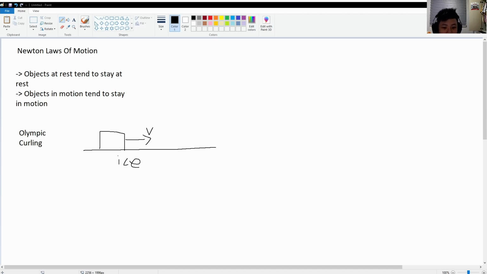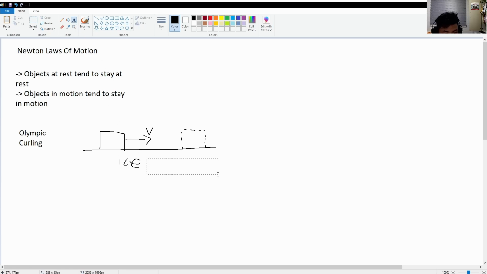And I think about this object at a later time when it's over here. How fast does it move? The answer is it will move at the same speed. Why? Because the floor the stone is moving on is ice, and ice is almost frictionless, and that's Newton's first law. Objects in motion tend to stay in motion.